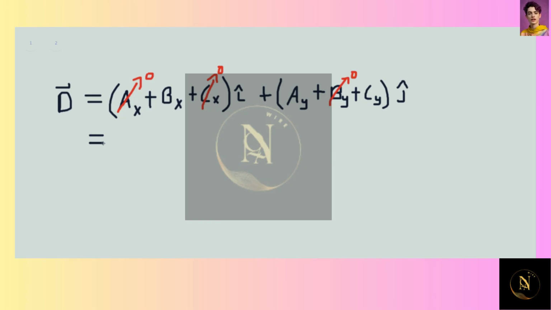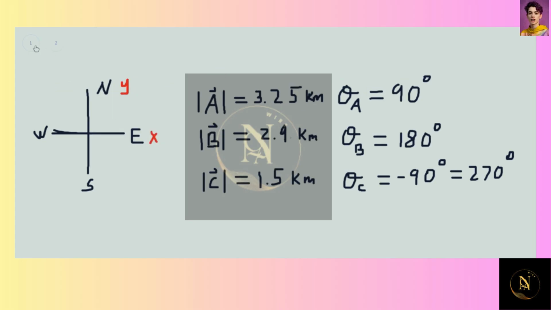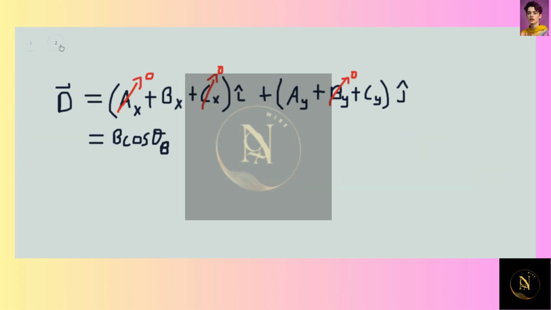Now, B of x is just going to be the magnitude of vector B times the cosine of the angle theta B. You could immediately recognize that the cosine of theta B is just going to be -1, since it's 180 degrees. Cosine of 180 degrees is -1. We also know it's traveling straight west, which is the negative x direction. So it's going to be the magnitude of vector B, but negative.